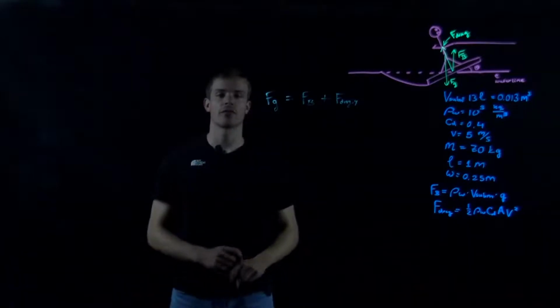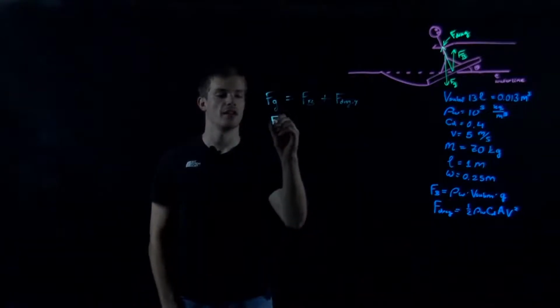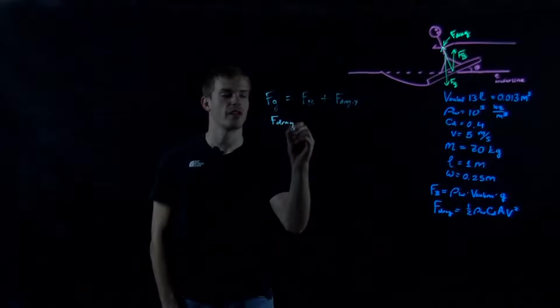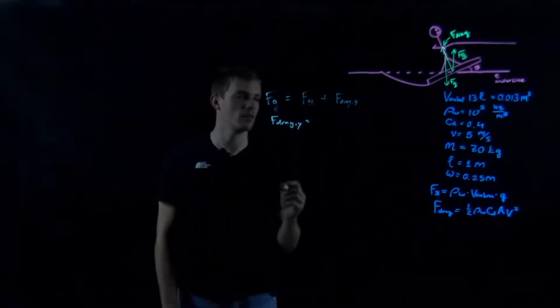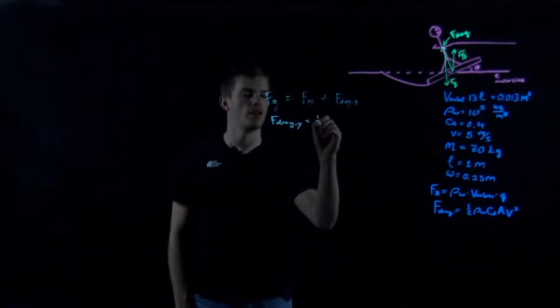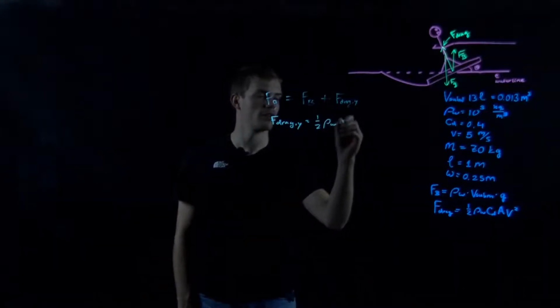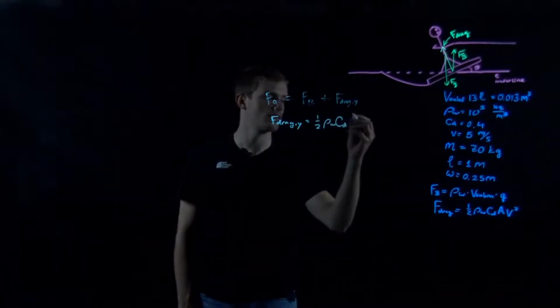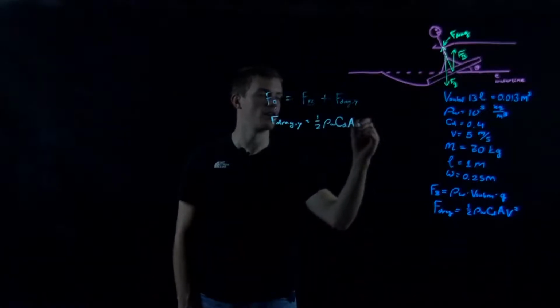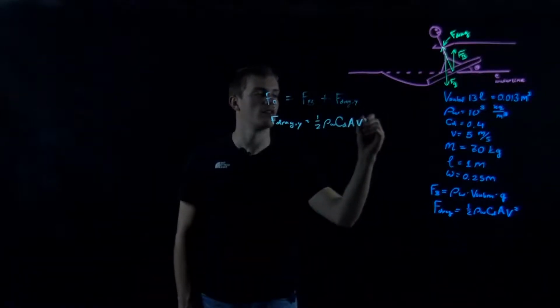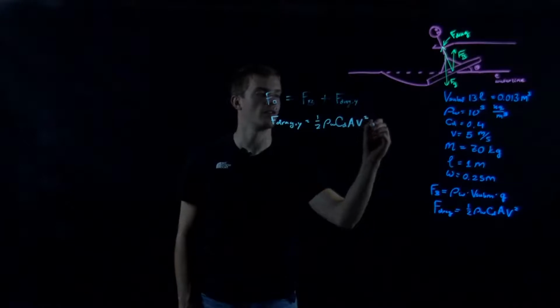So the drag force in the y component, F drag y, is equal to a half rho of water times a constant times the area times velocity squared.